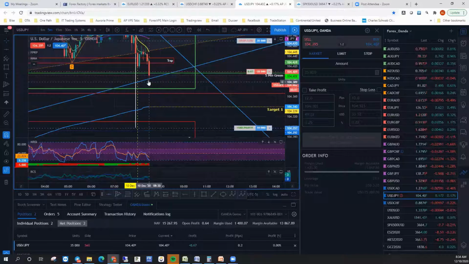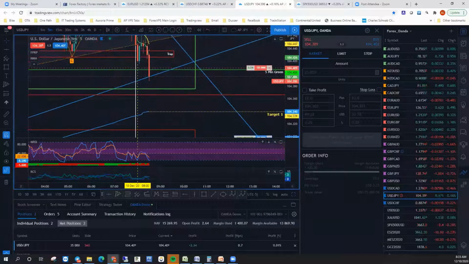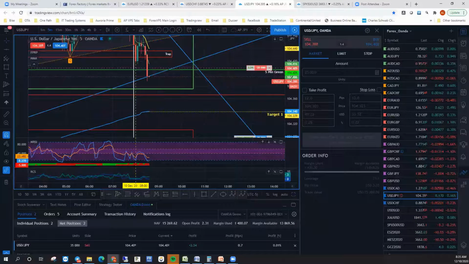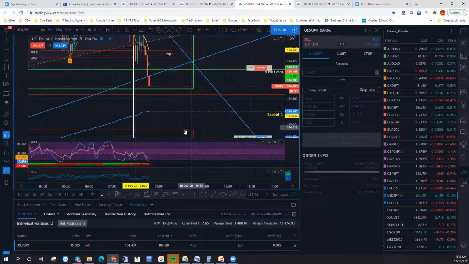It came down and crossed, couldn't hold it there. See, now the question is, can this candle close below the green fib line? So here's our 7 pips.